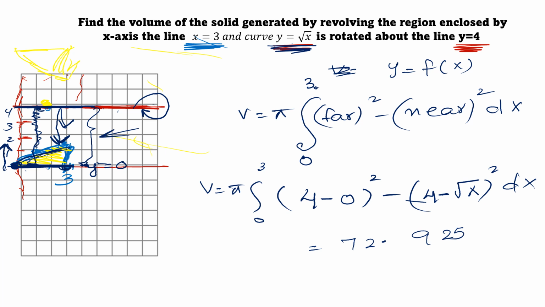Okay, let's try to understand this question. Again, find the volume of the solid generated by revolving the region enclosed by y equals root x and the x-axis, and the line y equals 2. So let's try to graph it. Y equals 2 means it is here.